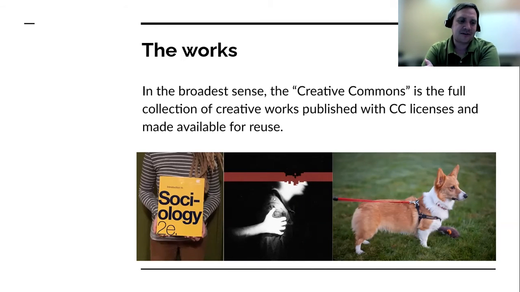Trent Reznor, starting in the mid-2000s, started applying Creative Commons licenses to his new albums as he was releasing them, because he wanted to encourage his listeners to take the music on the CD or later on in digital format and have the freedom to remix those songs and share those songs with one another without having to obtain permission from either him or from his publisher.